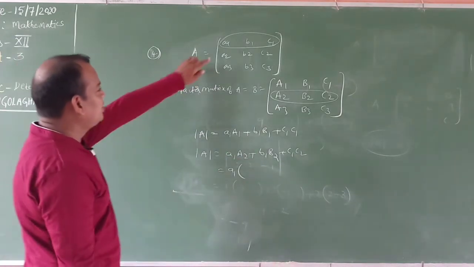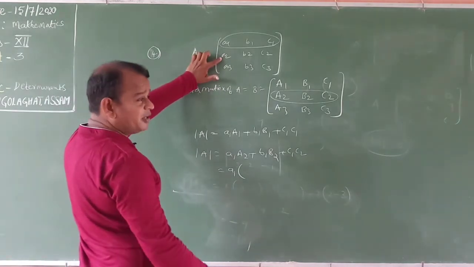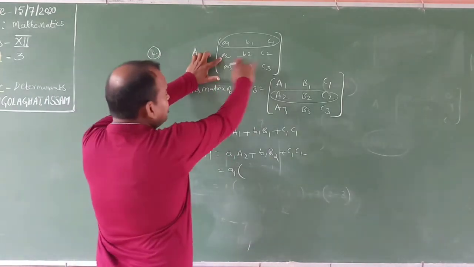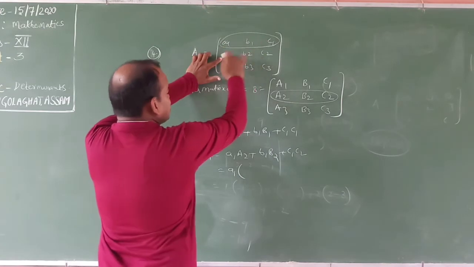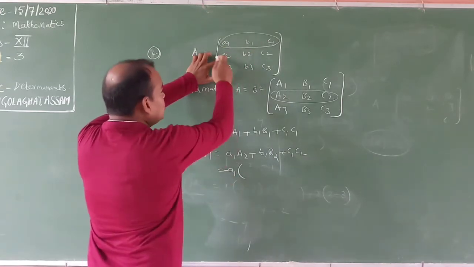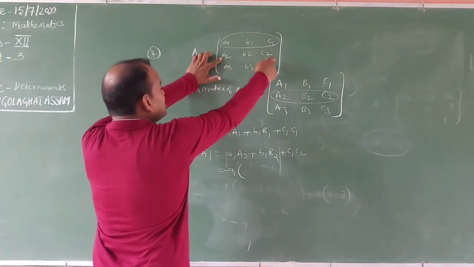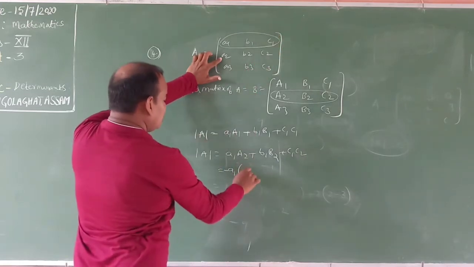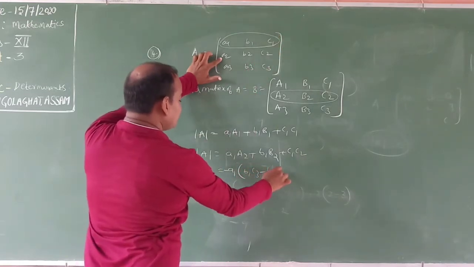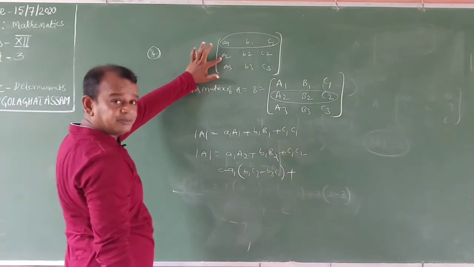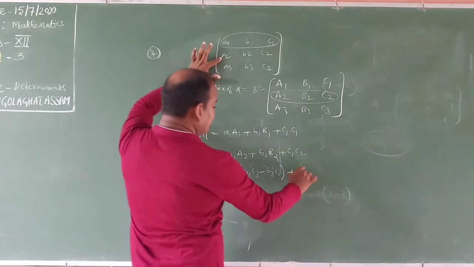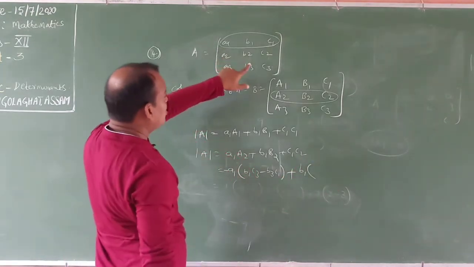The cofactor of A2 is minus of B1 C3 minus B3 C1. Then B1 into the cofactor of B2.